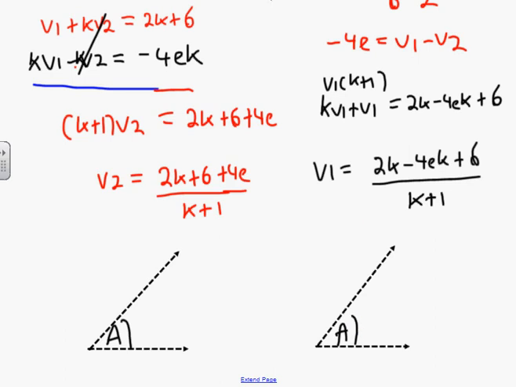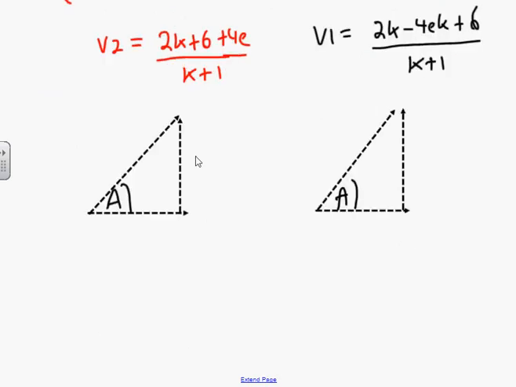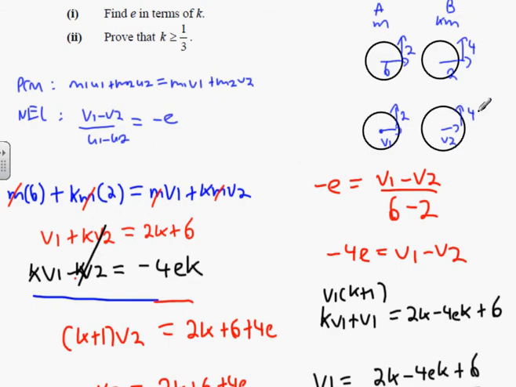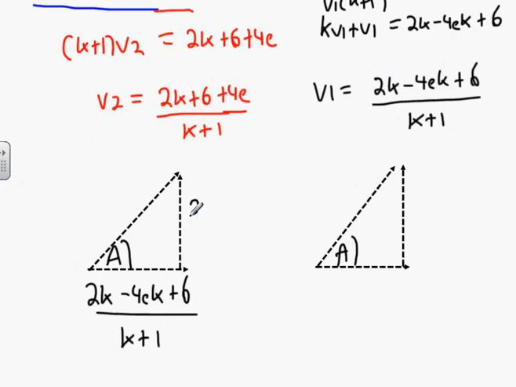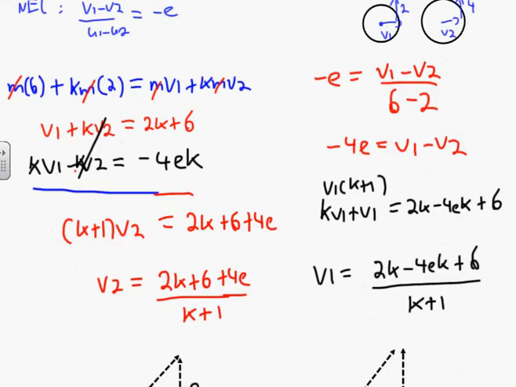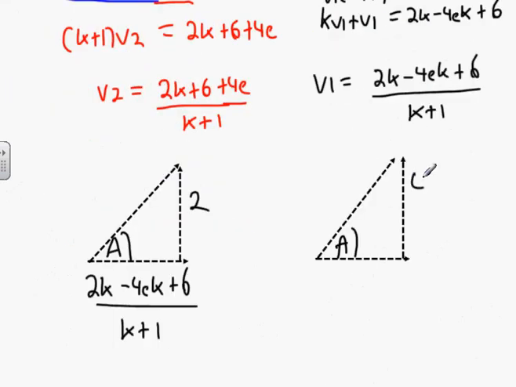So v1 is the one belonging to the particle to the left, so that's going to be (2k - 4ek + 6) all over (k + 1). What do we say? That is 2 going upwards, and the other one is 4 going upwards, and it has v2 as (2k + 6 + 4e) over (k + 1).